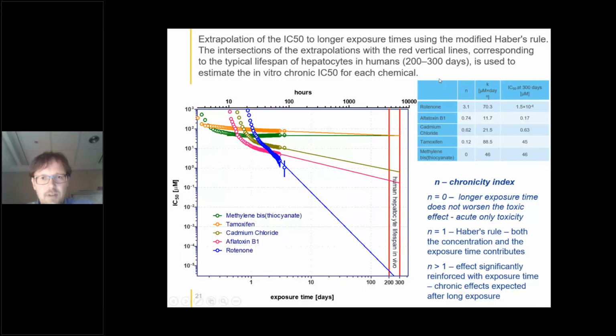So we plotted this time as vertical lines in this graph, and we extrapolated our observation up to these points. And the intersection with 300 days gave us the chronic extrapolated IC50, and the numbers are shown in the table here.